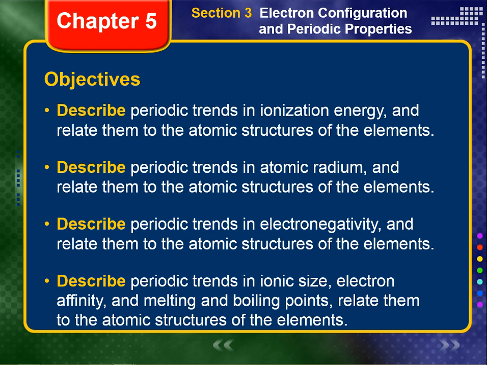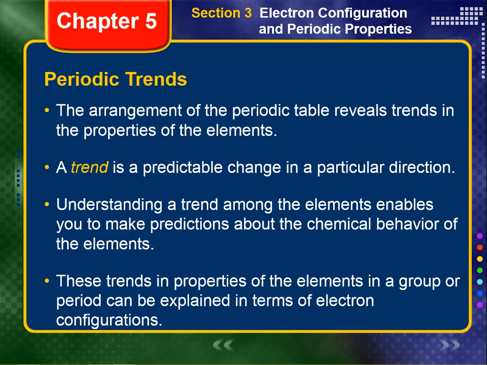And then describe the periodic trend in ionic size, electron affinity, and then melting and boiling points, right? Again, relating them to the atomic structures. So we have these periodic trends. Not only do we want to know what the periodic trends are, be able to say what the periodic trend does on the periodic table, but also relate each of them to the atomic structure.